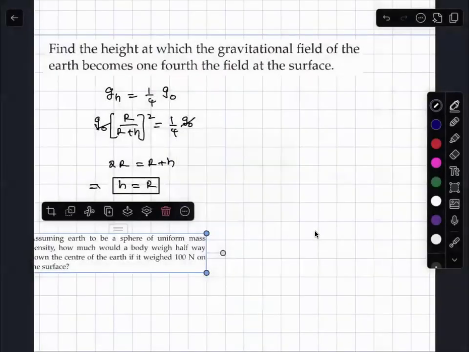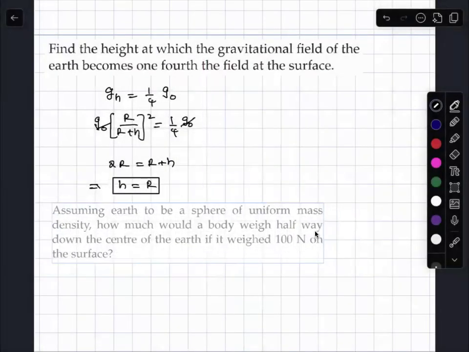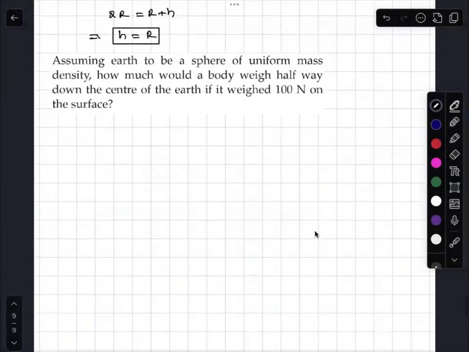Now try this question. Assuming Earth to be a sphere of uniform mass density, how much would a body weigh halfway down to the center of the Earth if it weighed 100 newtons on the surface? Common sense question.